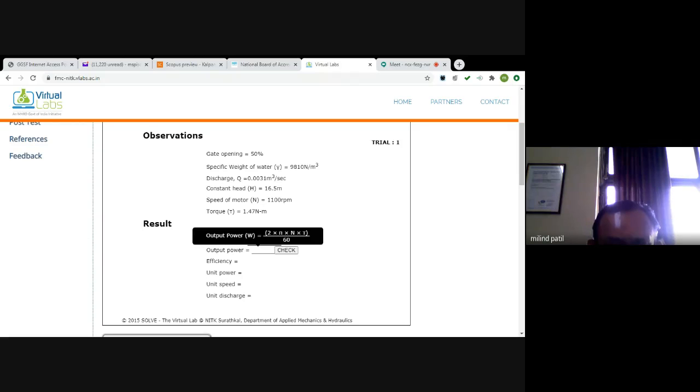That we can calculate as 2 pi N T upon 60. Simple brake power equation. N is 1100. Torque acting over the turbine is 1.47 Newton meter.